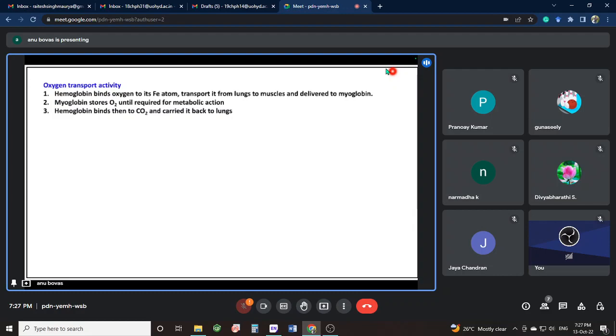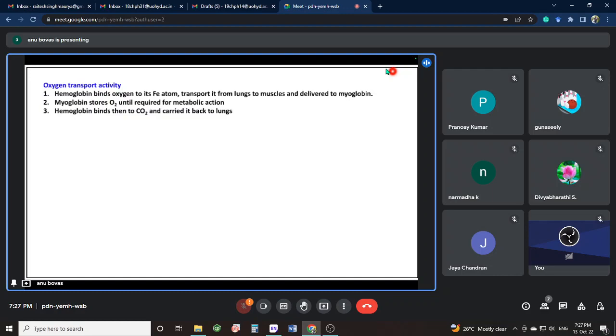Now we will learn how oxygen is transported by hemoglobin. So we have two things, hemoglobin and myoglobin. Myoglobin stores and hemoglobin transports oxygen. One myoglobin can store one oxygen molecule, whereas one hemoglobin can take 4 oxygen at one time.